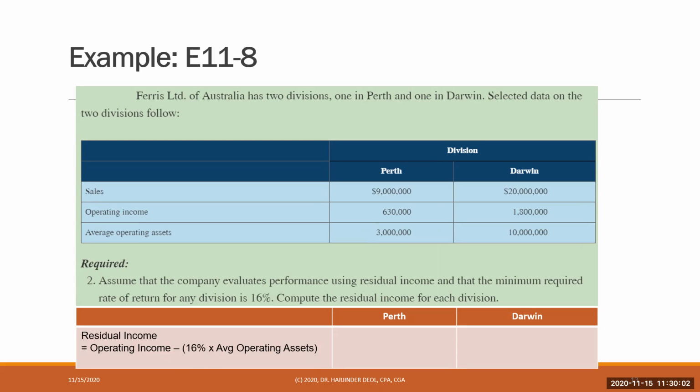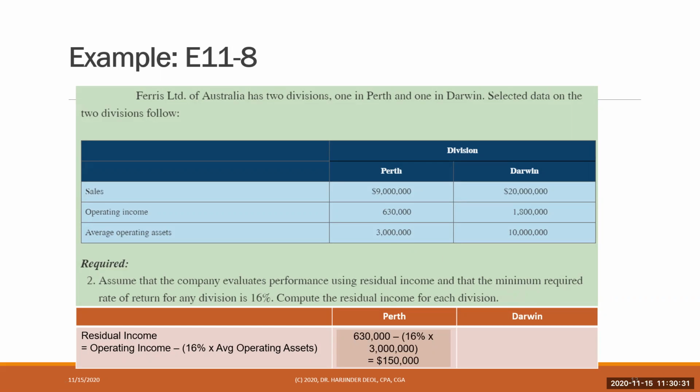The minimum income is 16%, the minimum required rate of return, times the average operating assets. So for the Perth division, 16% of $3 million works out to $480,000. $630,000 of operating income minus the minimum income of $480,000 equals residual income of $150,000.